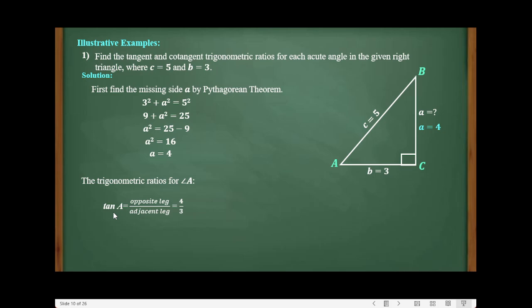Tangent of A is equal to the opposite leg over the adjacent leg. When we say opposite leg, it is the leg opposite to angle A over the adjacent leg of angle A. And what is that opposite leg of angle A? That is actually 4, or small letter a, whose length is 4, over the hypotenuse, which is 5.